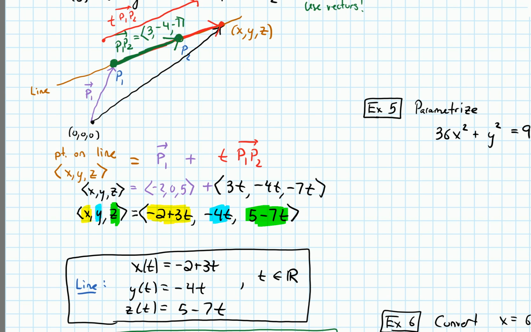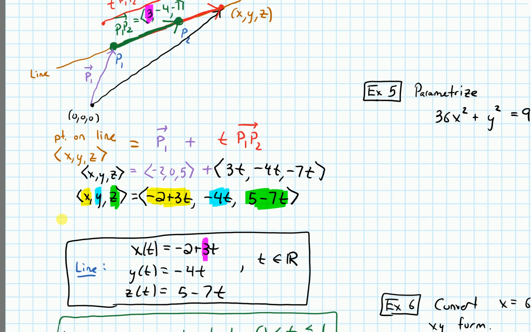Notice that when we looked at the vector that it was parallel to, which was P1 P2, the first coordinate of that, which was the 3, was the x coordinate of that vector. That's showing up in x of t here. And that's true across the board. So the -4, which is in the y component, shows up in the parametric equation for y of t. And similarly, the -7 shows up in the parametric equation for z of t.